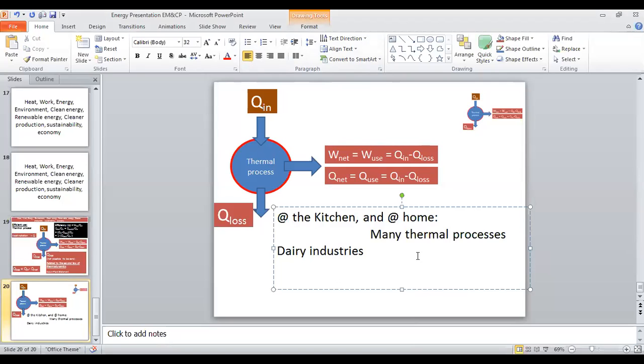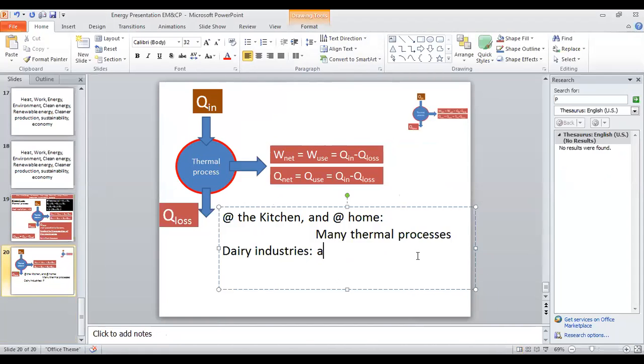I think food students know the thermal processes very well. What are the thermal processes they are using? You know many thermal processes in dairy industries.